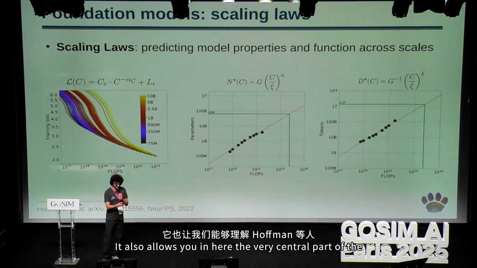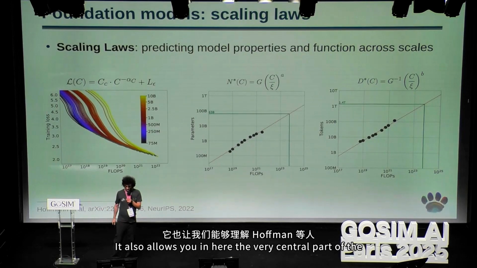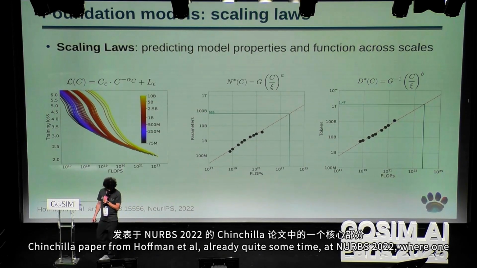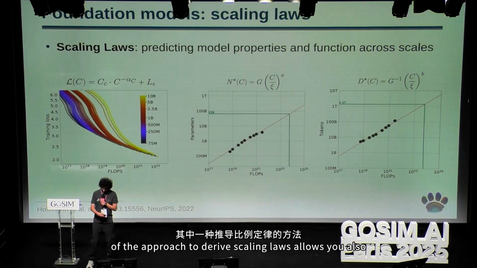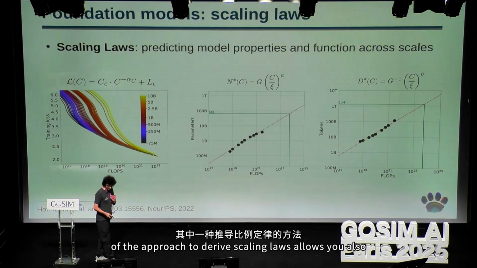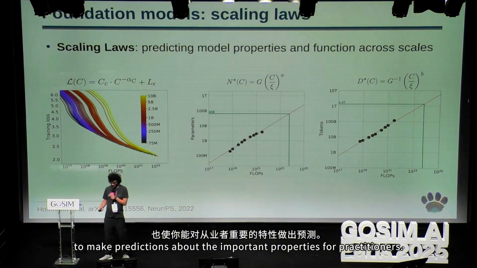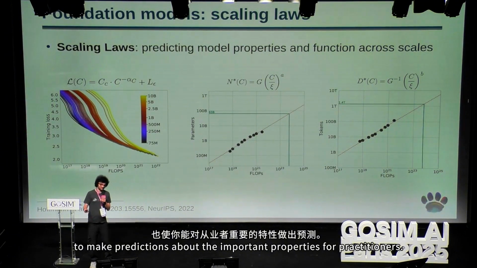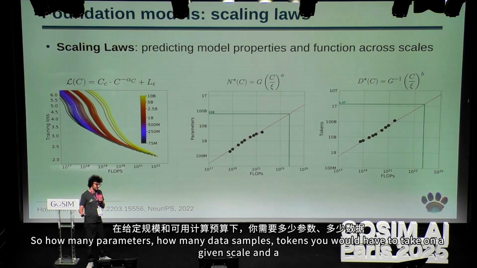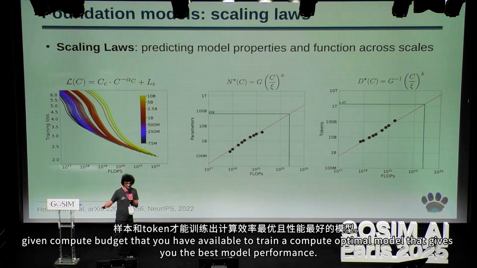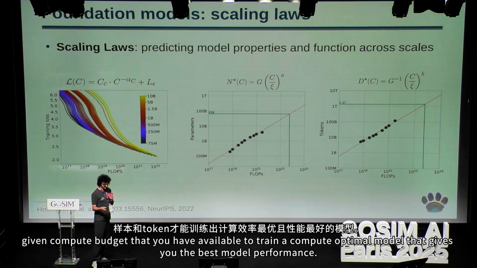It also allows you, and here is the very central part of the Chinchilla paper from Hoffmann et al., already quite some time ago, at NeurIPS 2022, where one of the approaches to derive scaling laws allows you also to make predictions about important properties for practitioners. So how many parameters, how many data samples, tokens you would have to take on a given scale, on a given compute budget that you have available to train a compute optimal model that gives you the best model performance.